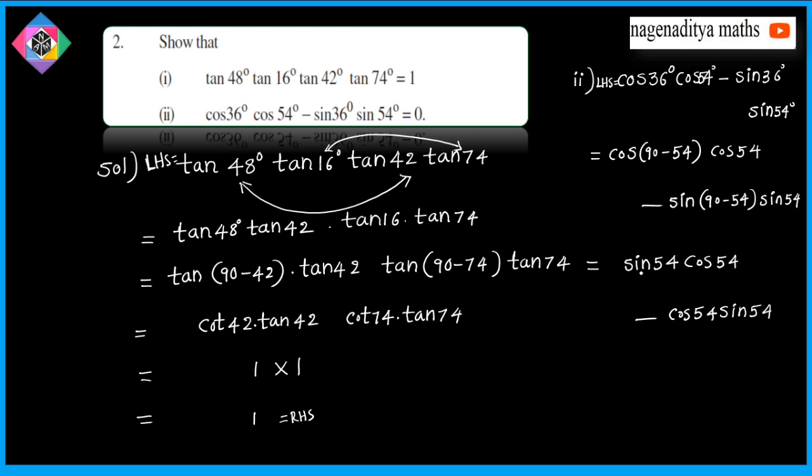So this term is sin 54 multiplied by cos 54, and this is also sin 54 multiplied by cos 54. So both terms cancel. So this becomes 0 because of the minus sign. This is equal to RHS.